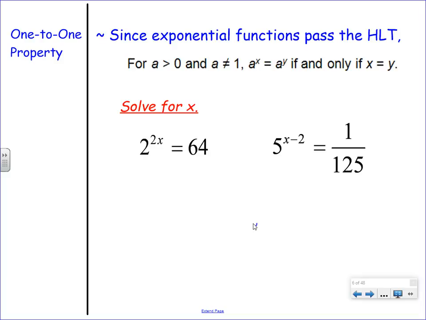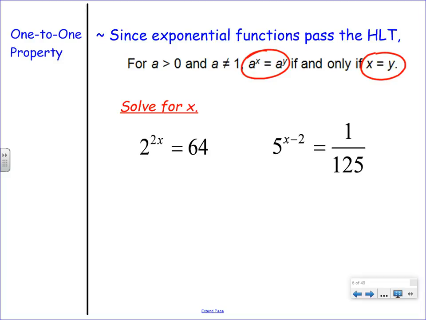Without logarithms, we can only solve exponential functions, and I mean by hand, if we make the bases match. Because if we can make the bases match, we can use the property that says, if the bases match and they have to be equal, the powers must be equal as well. If the bases match and the 2 expressions are equal, then the powers must be equal as well.